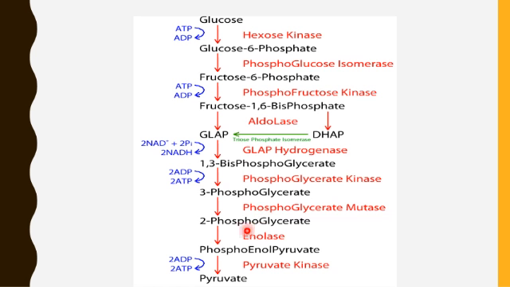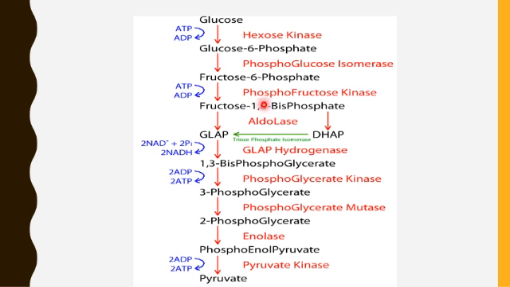Now this 2-phosphoglycerate is converted into phosphoenolpyruvate with the help of the enzyme enolase, and again it is converted into the 3-carbon compound pyruvate, with the formation of ATP, because the phosphate is taken by ADP to form ATP in the presence of the enzyme pyruvate kinase.